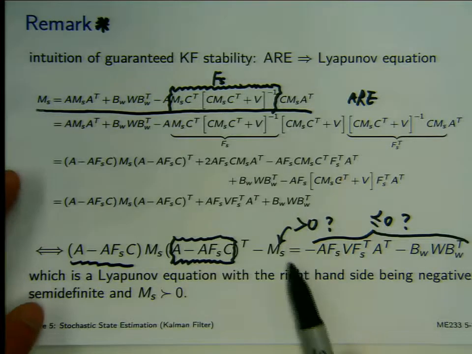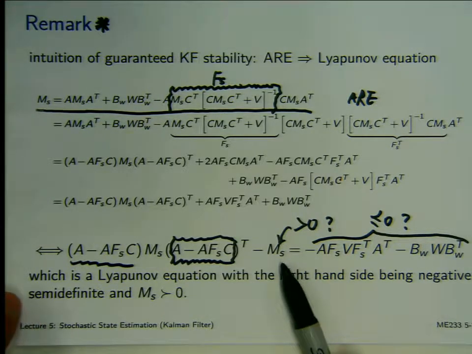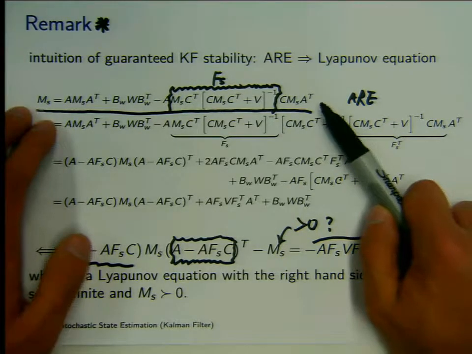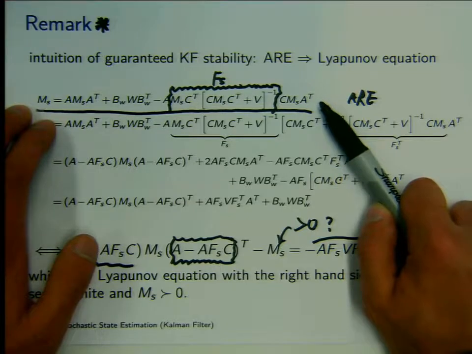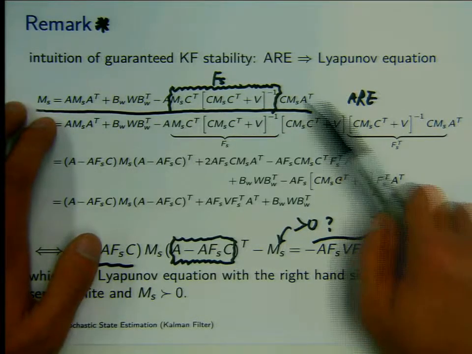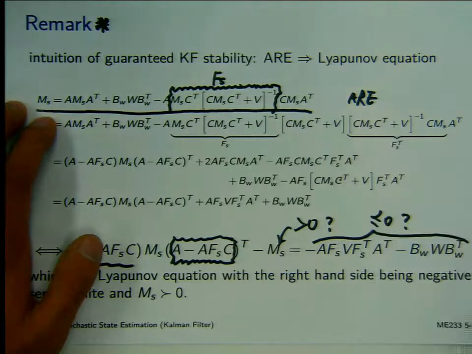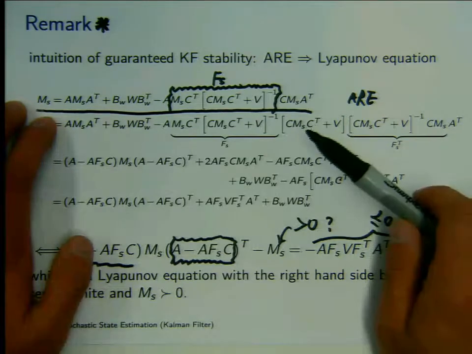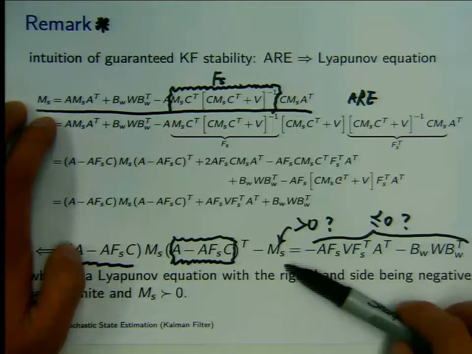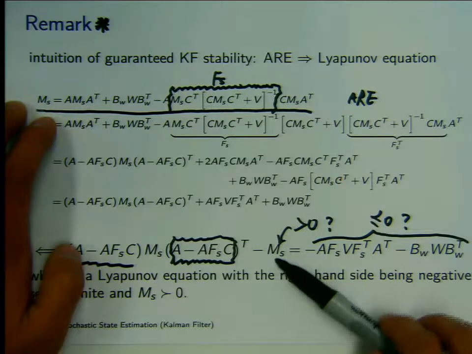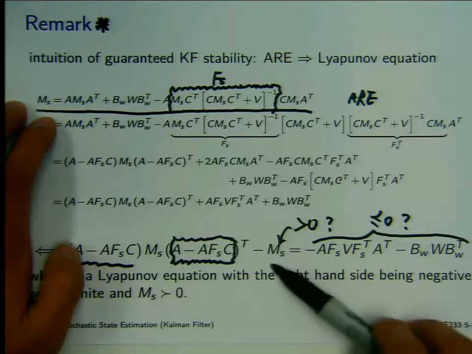What about the first one here? When we say the two assumptions for the Kalman filter Riccati equation, controllability and observability, one of them is going to guarantee the Riccati equation converges to a constant. What does the other condition guarantee? The other condition is going to guarantee MS is positive definite.